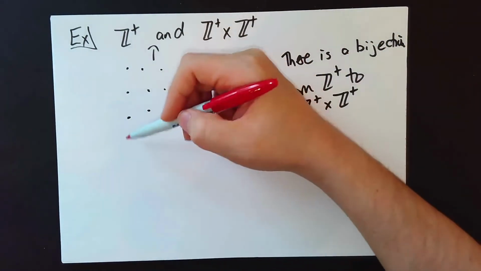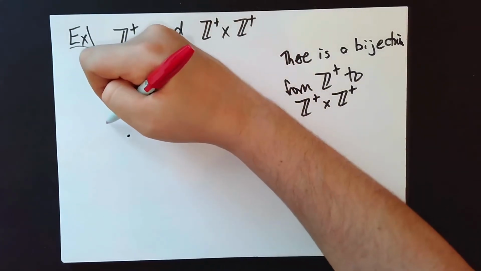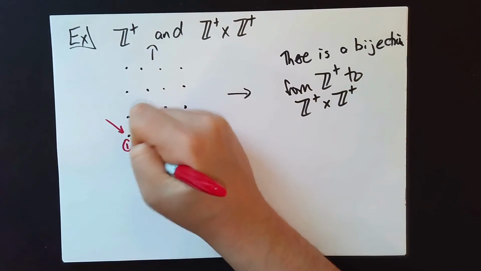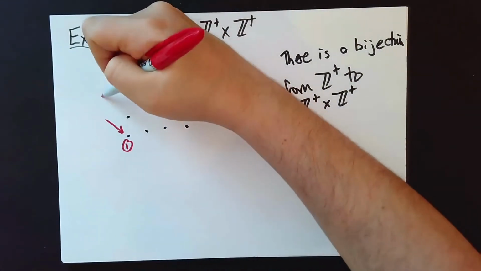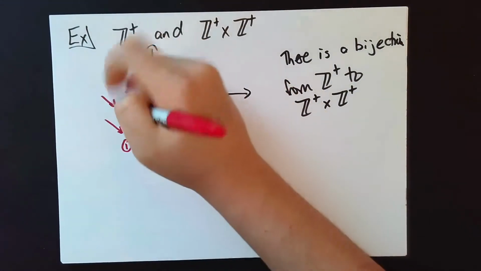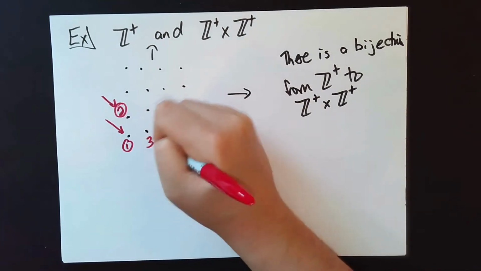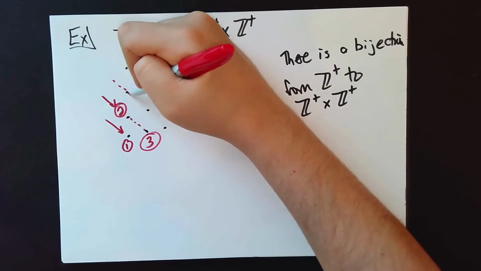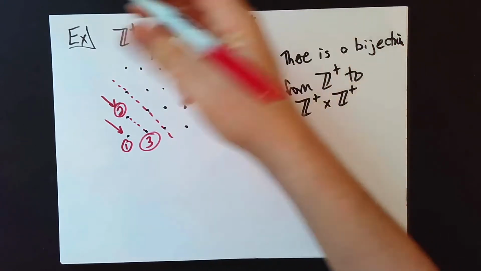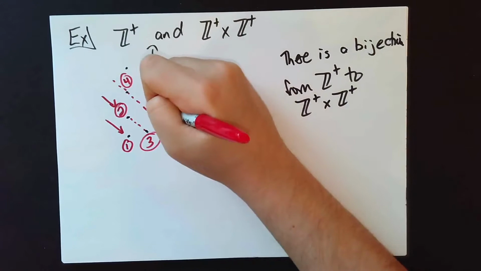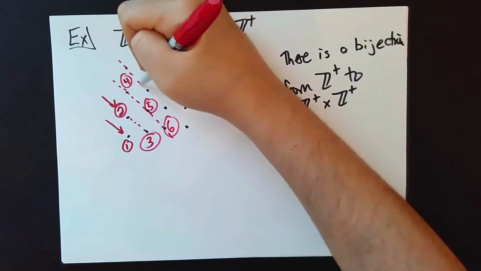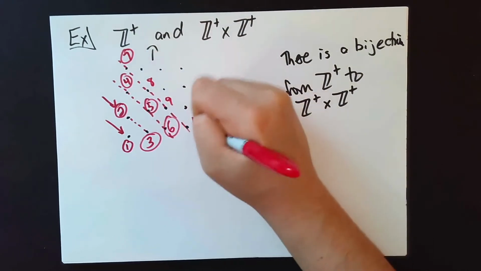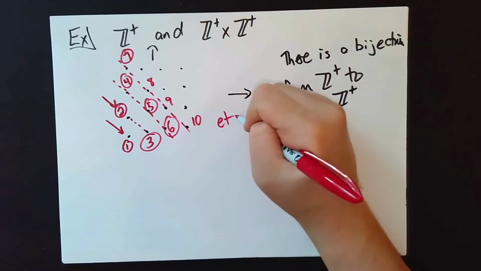Namely, we can proceed down the diagonals. So I'm going to go down this diagonal, so that is to say I'm going to send 1 here. Then I'm going to go down this diagonal, so I will send 2 here and 3 here, so that diagonal. Then I'm going to go down this diagonal. So there's 4, 5, 6, 7, 8, 9, 10, and so on.